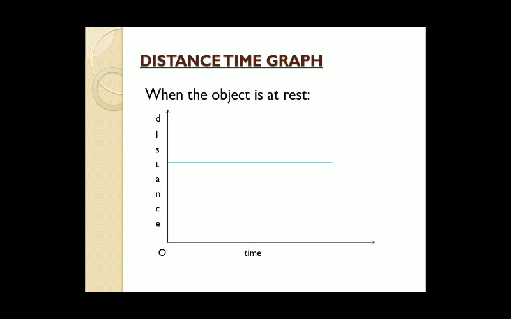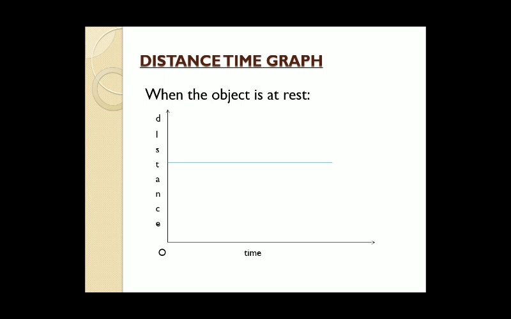In this, I have shown time on the x-axis and distance on the y-axis. What we are observing by this blue line is that time keeps on increasing horizontally, but the position of the object is the same. It means the object is at rest. The object is not changing its position.